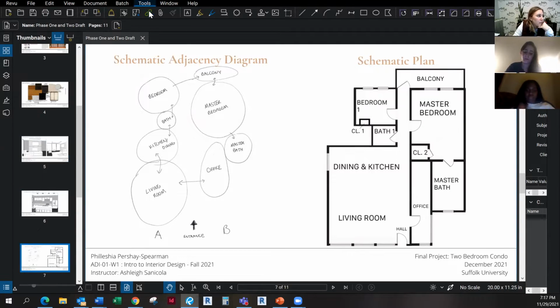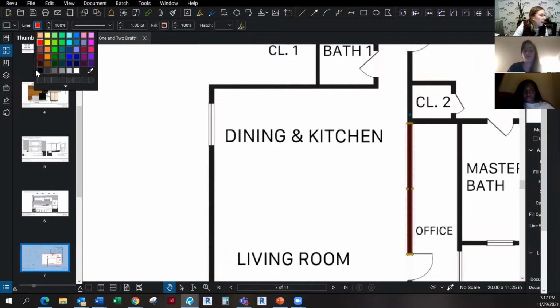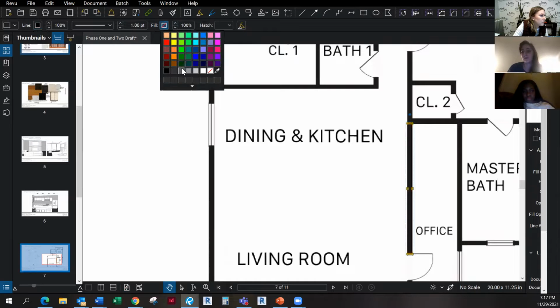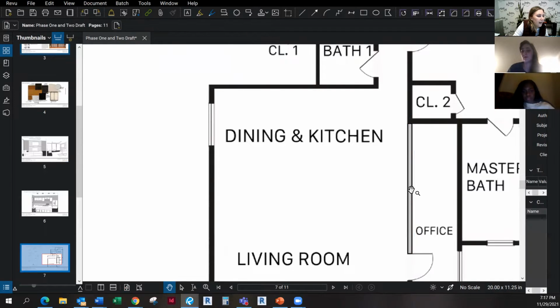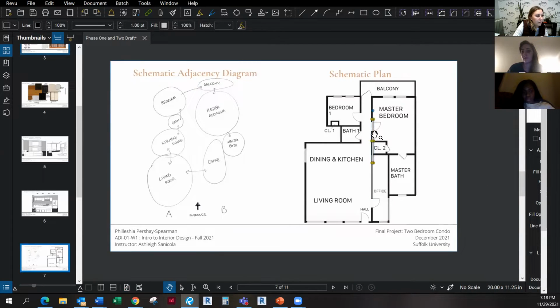So for instance, let's do this. It can be outlined in black, kind of like the rest of the walls, but maybe it's only colored in a light gray. And then you can do a little bit of a legend if you want to get fancy. You don't have to do this. No, I was thinking that just so that you'd know what it was.